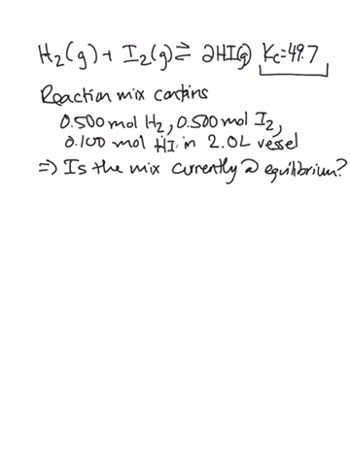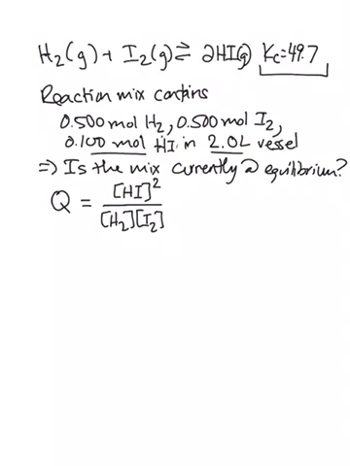If they're asking me that question, I know that my goal is to calculate a Q. And I would know that that would be HI squared over H2 times I2. Now, since I need concentrations, I'm going to quickly do that. I know that the concentration of HI would be these moles over the 2 liters, and I know that the concentrations of H2 and I2 would be those moles over the 2 liters.